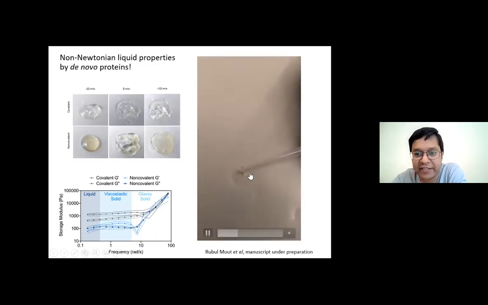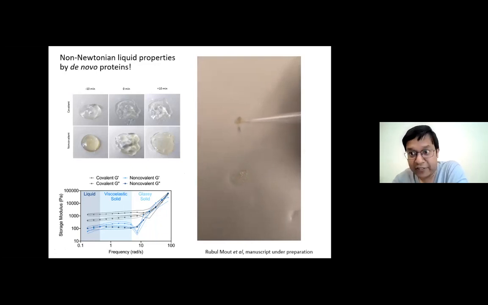It fluctuates between the solid and liquid forms, depending on how much force you apply. This protein was first built in the computer, then made in bacteria, purified, and we did all these experiments.